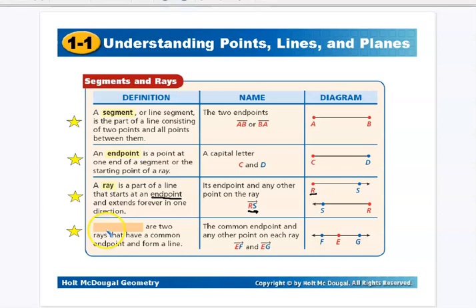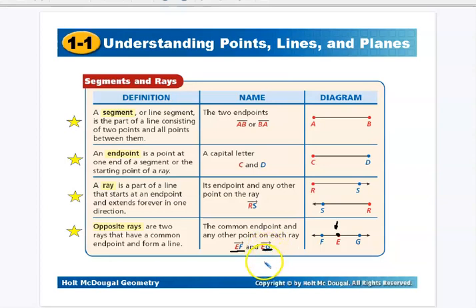Let's go on to the next term we have here, opposite rays. This is two rays that have a common endpoint and actually form a line. So the two rays, I have one starting at point E and going towards F. That is one of my rays. My second ray also starts at E and goes through G in the opposite direction.